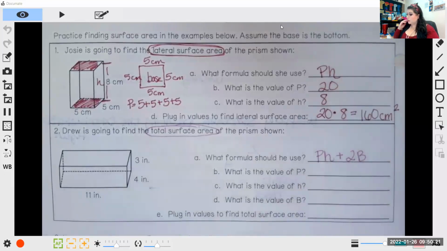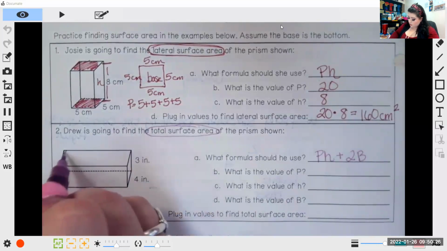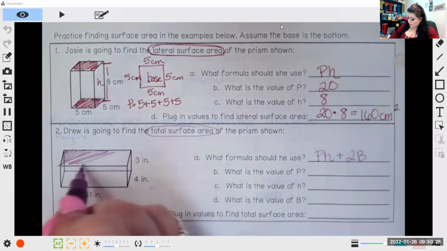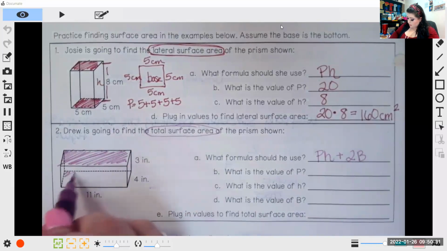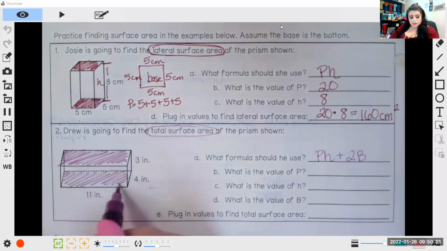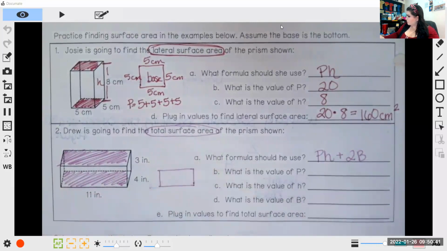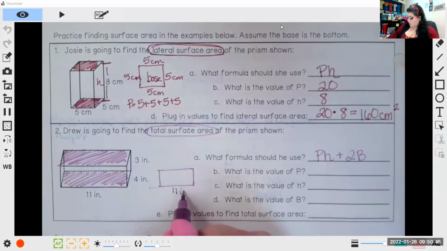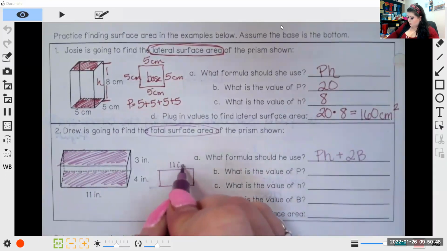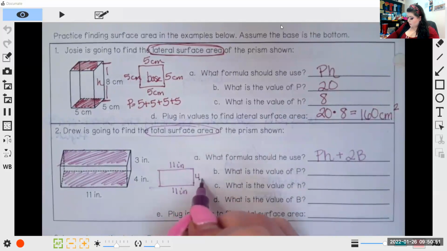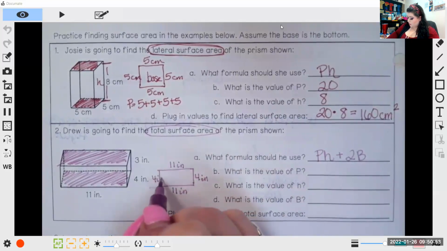So what is the perimeter? We need to identify our bases. Here's my base, here's my other base, and I'm going to redraw it out here so we can see that. I have 11 inches here, 11 inches here, 4 inches here, and 4 inches here, and this is my base.